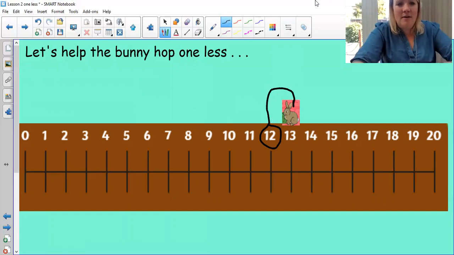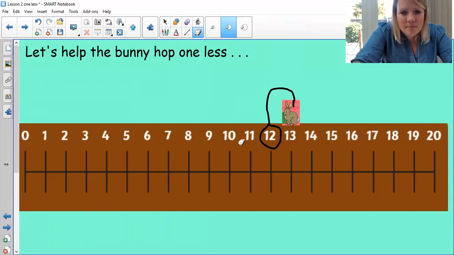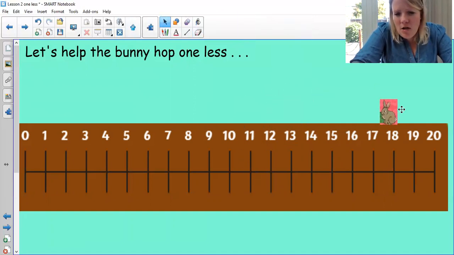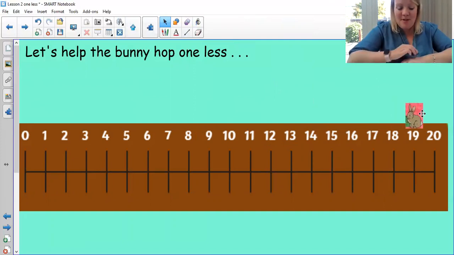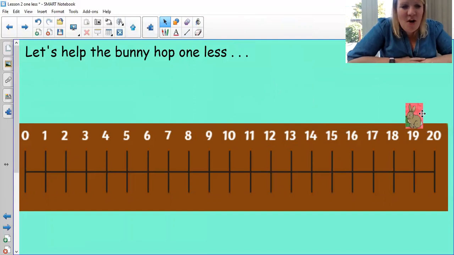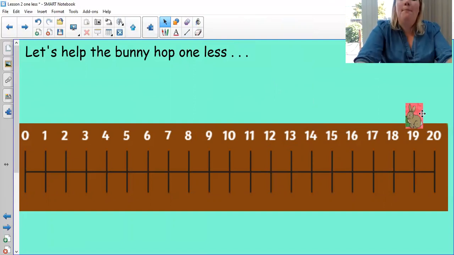Okay, let's make it a little bit harder. I'm going to put Bunny on this number here. Tell me what number he's on. Excellent. Yes, he's on the number 19. Okay, tell me what happens when I help Bunny. What a tongue twister.